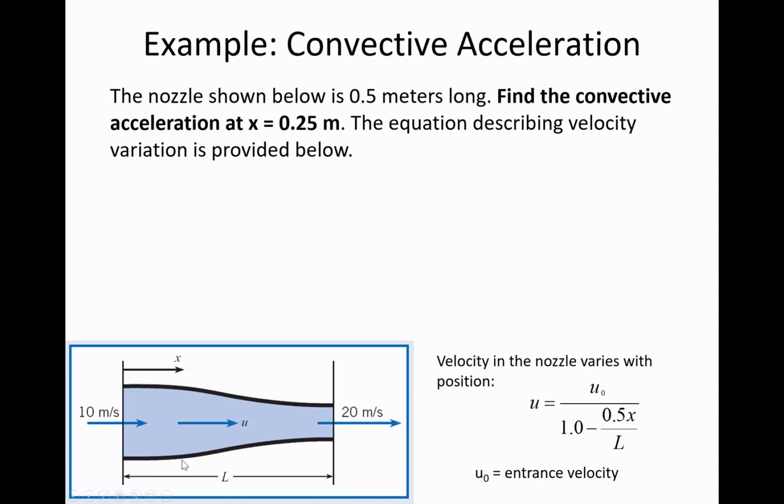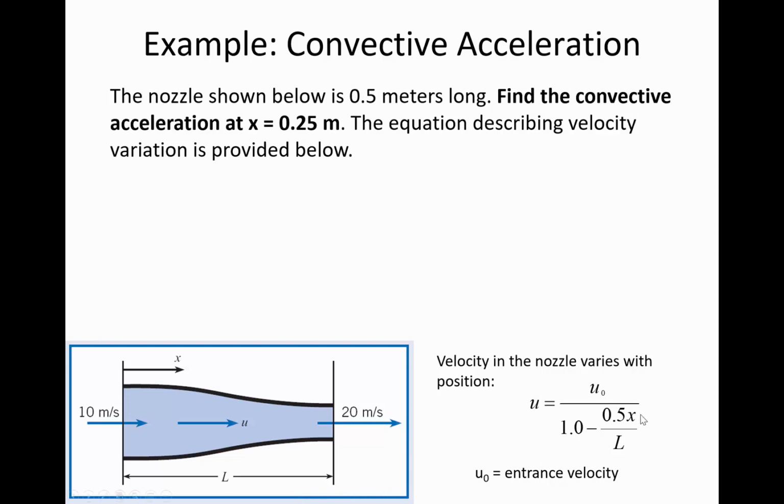For example, when we're all the way through the nozzle, x is equal to L. So when we are ½ a meter away from the entrance, x and L are both 0.5, so they cancel each other out.